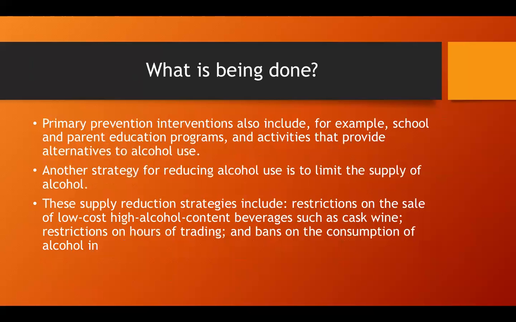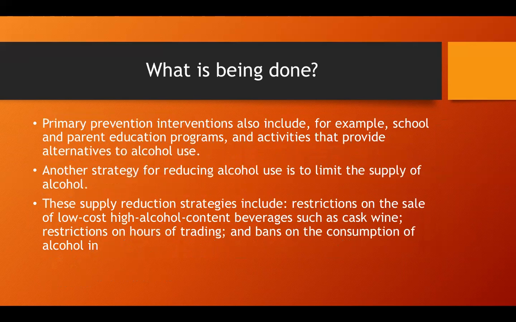So this is something that's actually implied at a federal level. So between years 7 to 10, it's legislation that all students have to sit PDHPE, which I think is very understandable. And activities that provide alternatives to alcohol use. So this is things such as informing our students that you don't need to have alcohol to have a good time, and giving them reasons to stay away from alcohol for as long as possible.